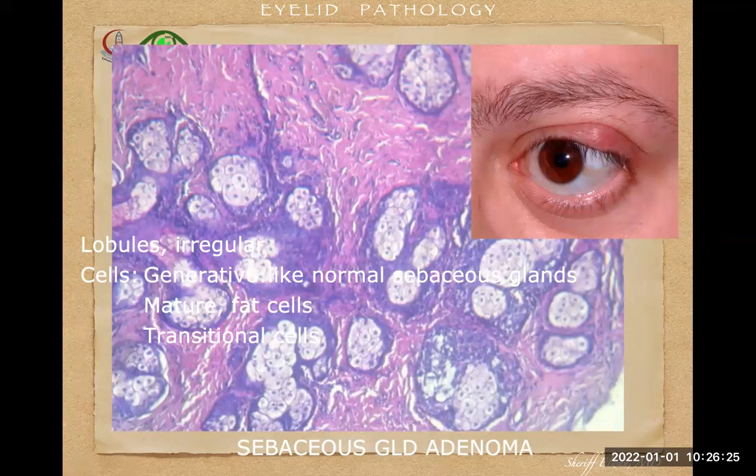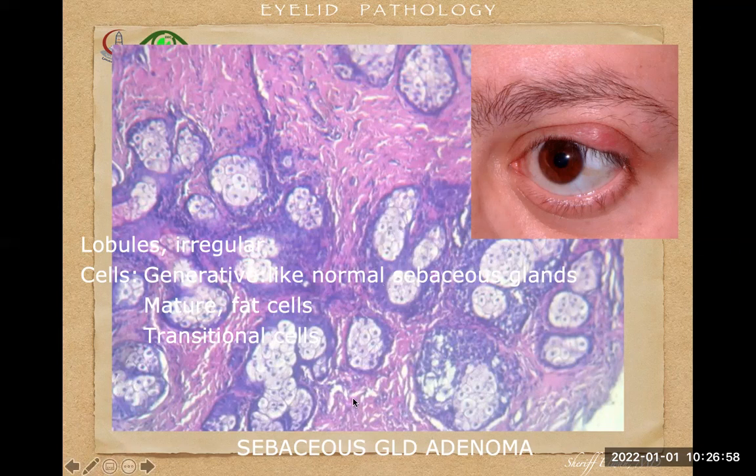Now, a sebaceous gland adenoma, an adenoma that occurs in the sebaceous glands of the hair follicles. It may look like a chalazion, and you may excise it, and on excising it, you will never find cheesy material inside. And being a gland, it's formed of lobules, and the cells look like a normal sebaceous gland, but with excessive proliferation.